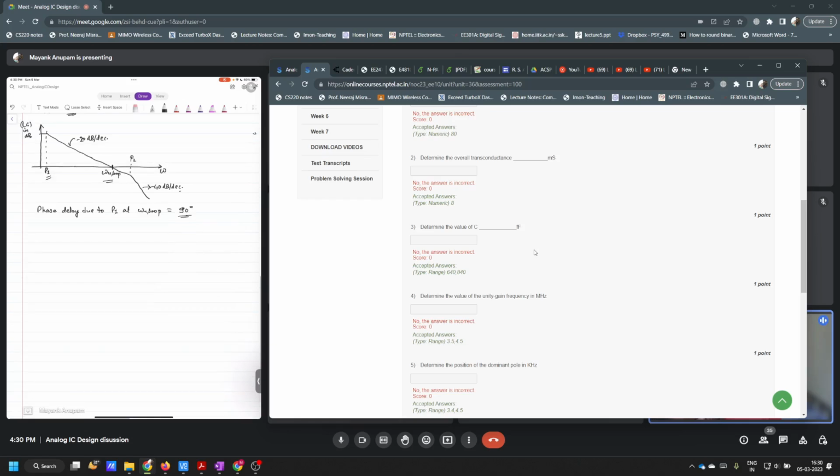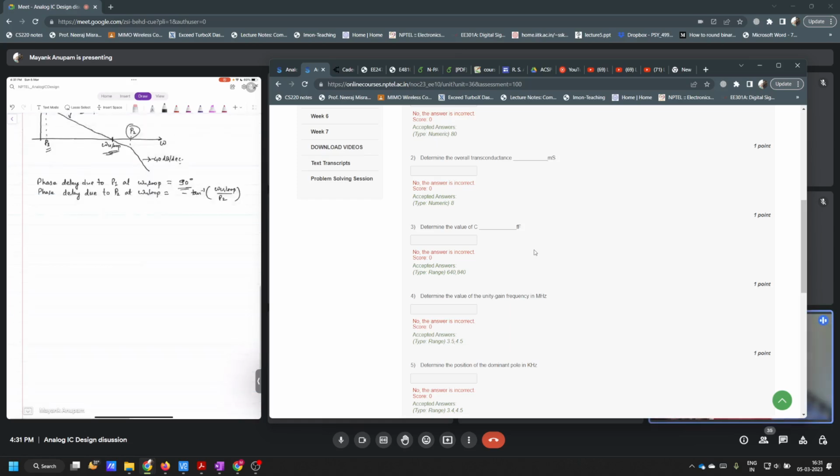Whatever extra phase delay we have at this point omega u is because of P2, right? Phase delay due to P2 at omega u loop. What is that? Tan inverse of omega u loop by P2. Exactly.